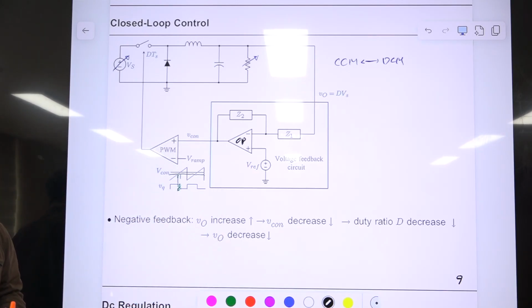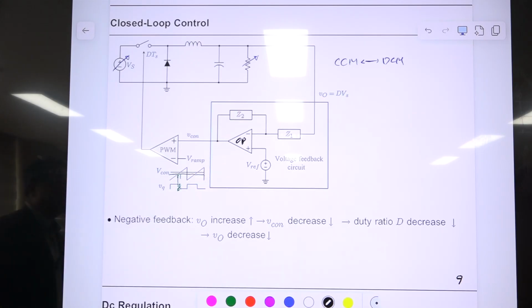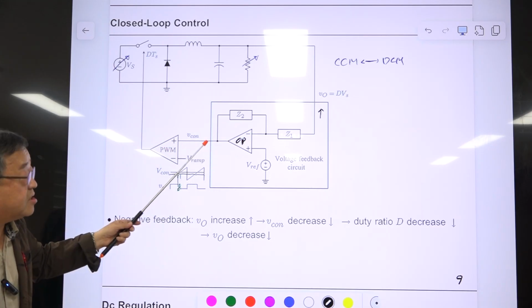That is impossible in the transient period; some deviation is allowed, but in the steady state, the output should maintain the desired value always. Suppose that this VO is somehow increased from the desired value for some unknown reason. So VO is increased. So this one is increased. That means this one is decreased.